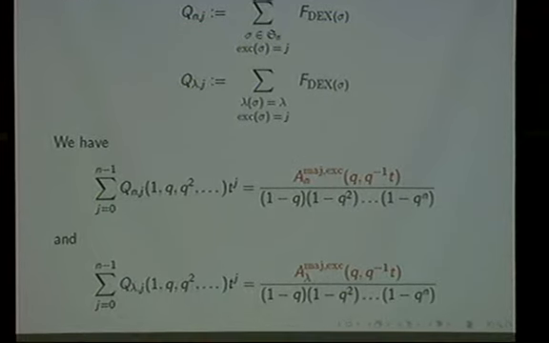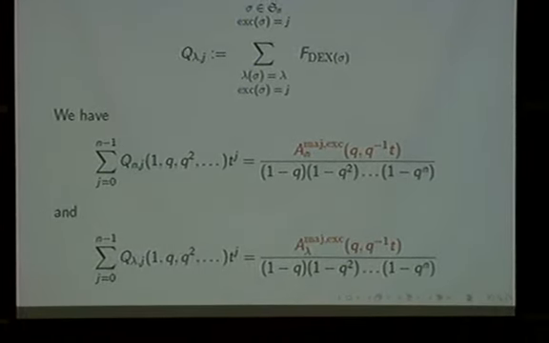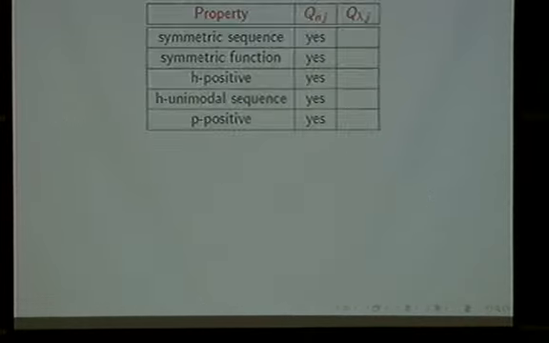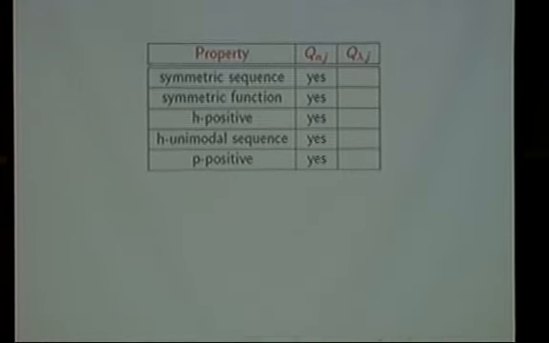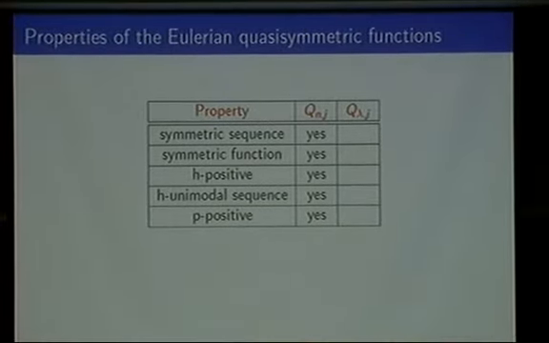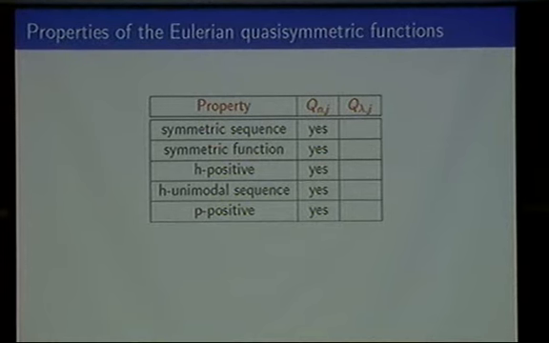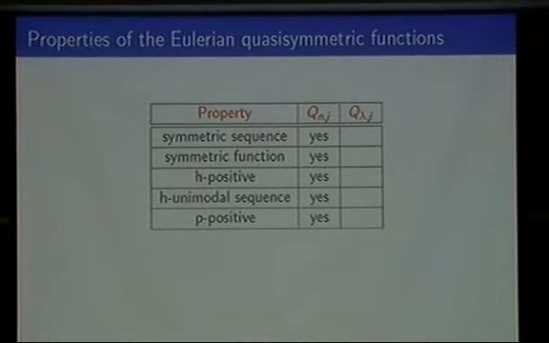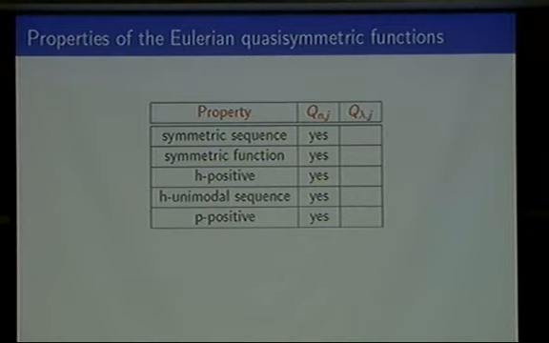This is what I talked about earlier. And we're able to prove all these properties for the Eulerian quasi-symmetric functions. They form a symmetric sequence, as I said before, symmetric in a different way than for a symmetric function. By sequence, we're letting j vary, fixing n, and it forms a symmetric sequence.